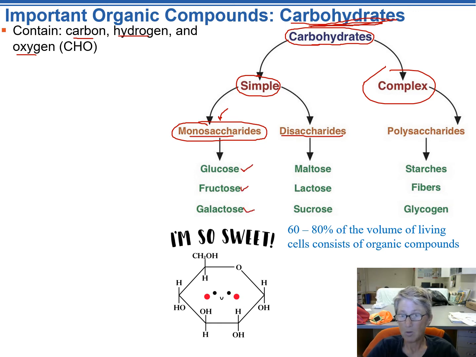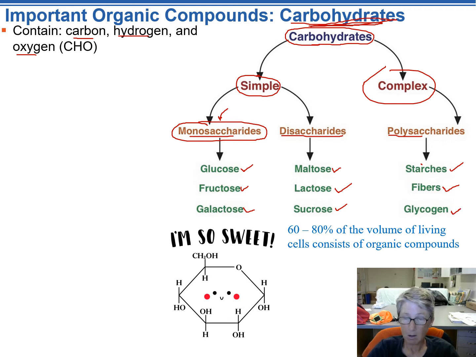Examples of disaccharides are maltose, malted milk balls; lactose, lactose-free drinks; and sucrose, which is table sugar. Polysaccharides would be under complex carbohydrates. Polysaccharides include your starches, delicious potatoes, fibers, and glycogen. And we just saw that glycogen molecule.